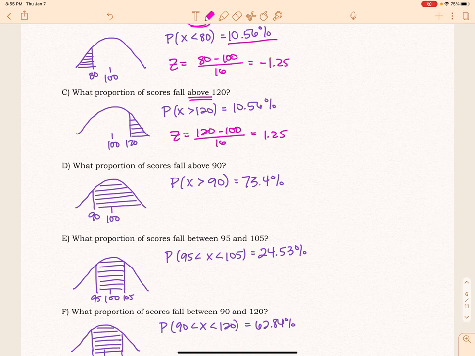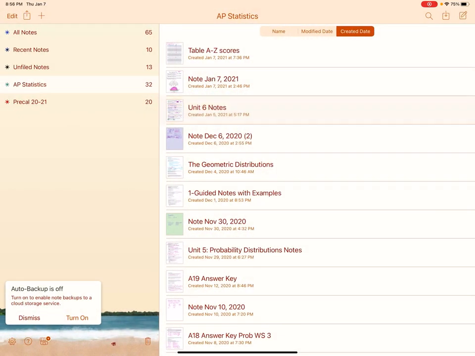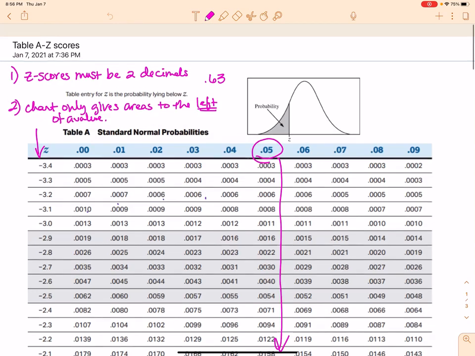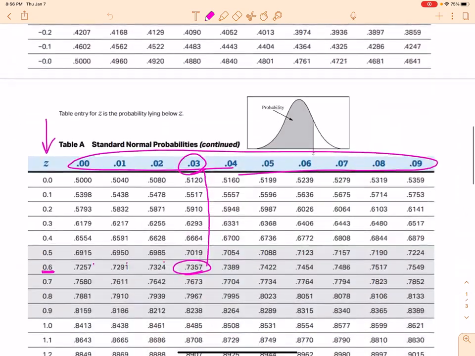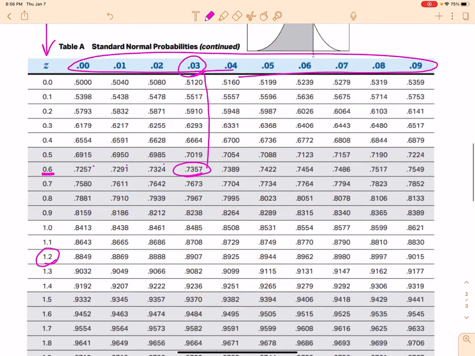Magic. So I'm going to look up positive 1.25. On my chart, 1.2 is right here, and 0.05 is right here, so that gives me 0.8944.